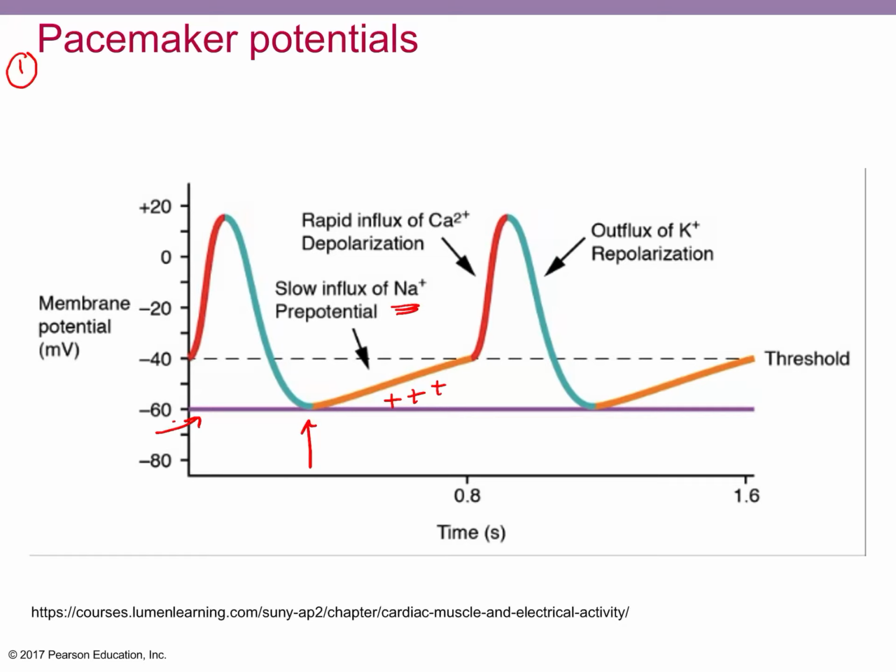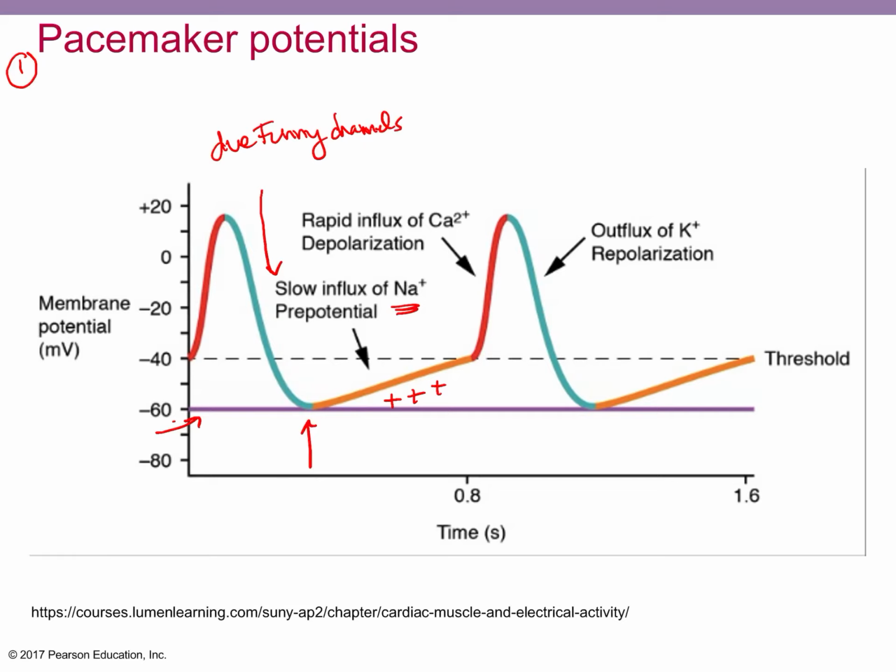This is our sodium ions, and there's a slow influx of sodium ions. This is due to a channel called a funny channel, which is a funny name, I guess. Scientists, I guess, wanted to be funny, and they named it funny because the channels were behaving in a funny fashion.